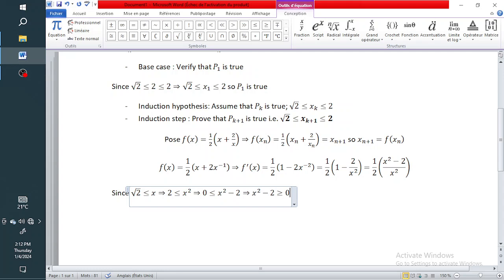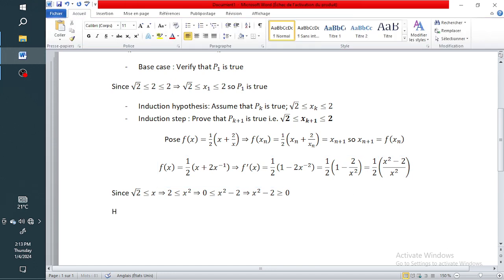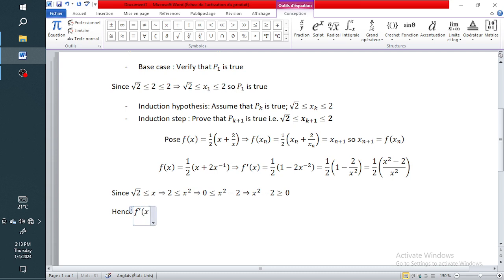That is positive. So since our x squared in the denominator is always positive and the numerator has been proven to be positive, the ratio of two positive quantities is positive. When you multiply it with a positive number, it is positive. So we can conclude that our f prime of x is always positive.